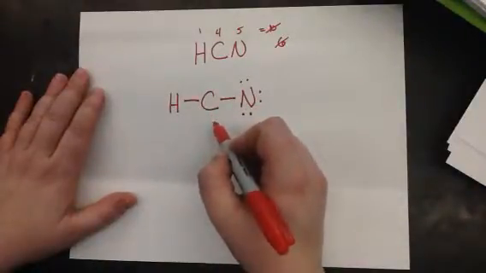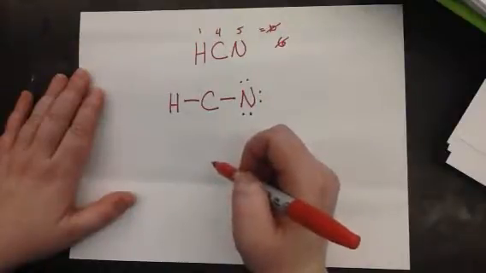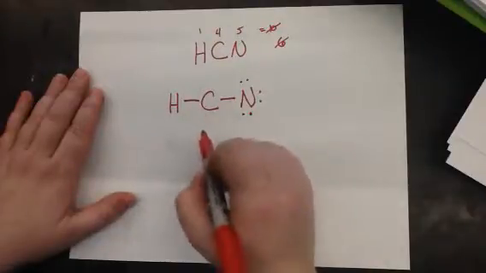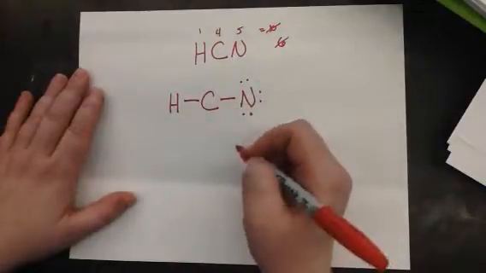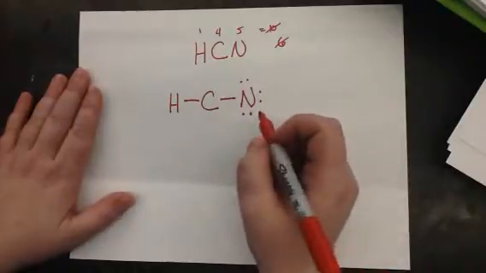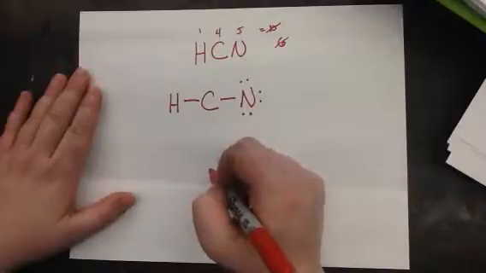And then the last thing we want to do is rearrange the electrons to form multiple bonds so that everything ends up with 8, or when we get to exceptions, as close to that as we can do it. So here the carbon only has 4 electrons and it wants 8.